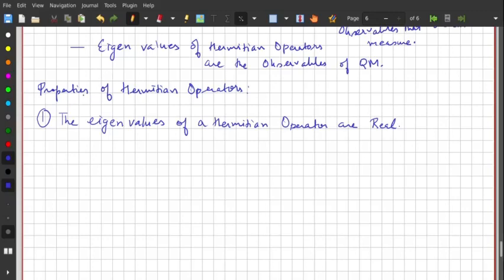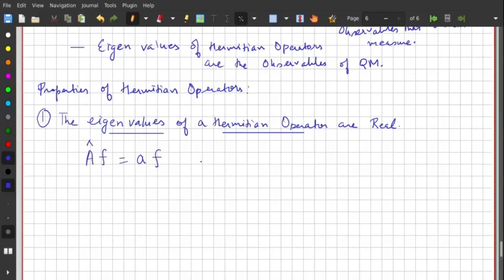Let's do it. So you want to understand the eigenvalues of a Hermitian operator. That means the Hermitian operator should pose an eigenvalue problem. So let's write the eigenvalue problem first. An operator A acting on a function f gives us a scalar multiple of the function f.